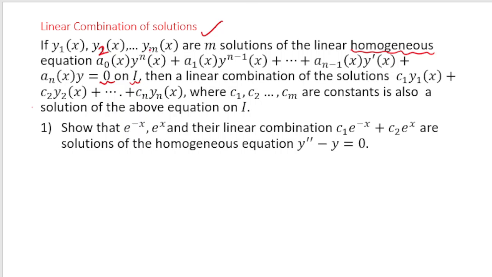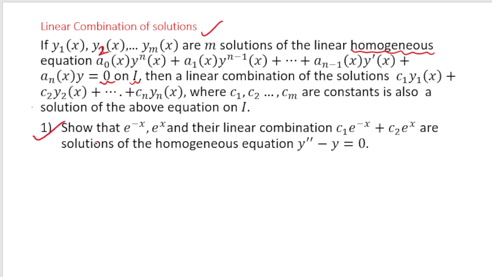Then the linear combination of these solutions is written as what? You have studied linear combination earlier also. The linear combination is written like c1 into y1x plus c2 into y2x plus up to cm into ymx, where c1, c2, cm are constants, and it is also a solution of the above equation. So what this result is basically saying, I am going to explain through this example.